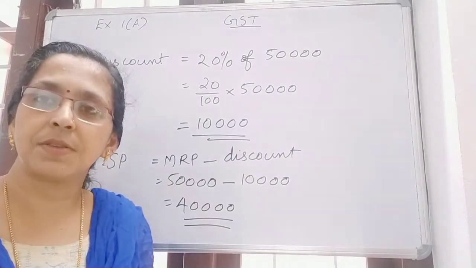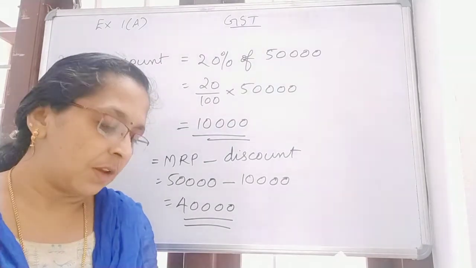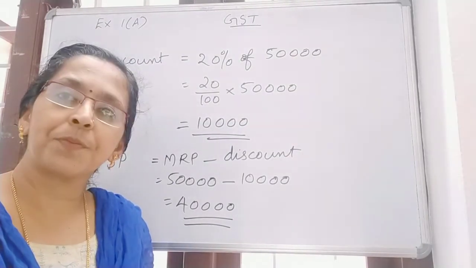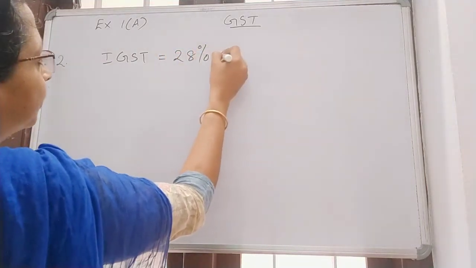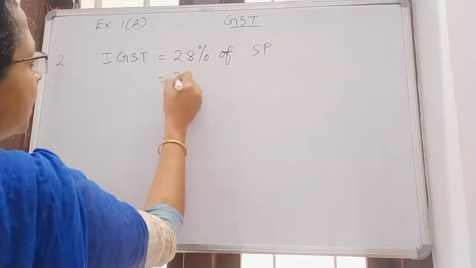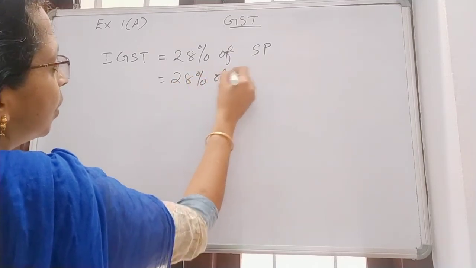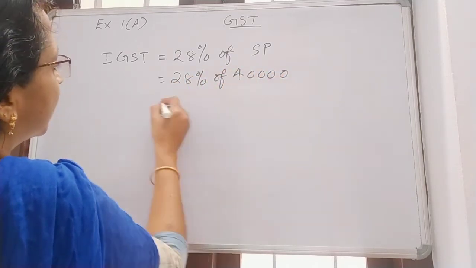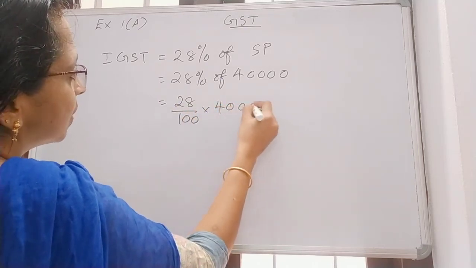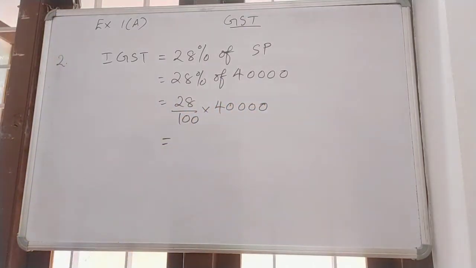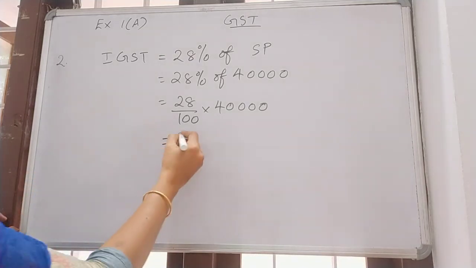That is 28% of 40,000. Write down IGST is equal to 28% of selling price, that is 28 by 100 into 40,000 is equal to value 11,200.